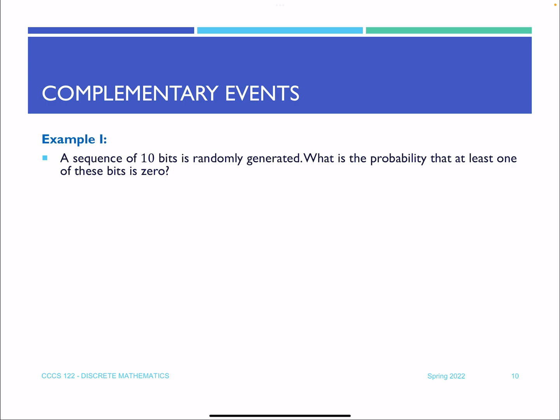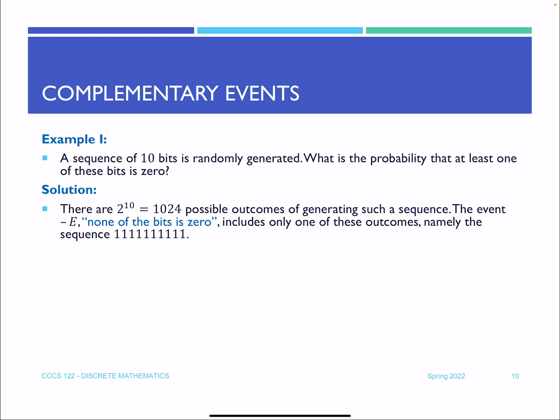What is the complementary event? We're trying to find the probability that at least 1 is 0. The opposite of that is where none is 0. That's pretty straightforward. It's basically the probability that all 10 bits are actually 1.